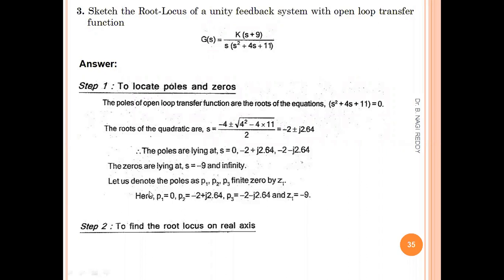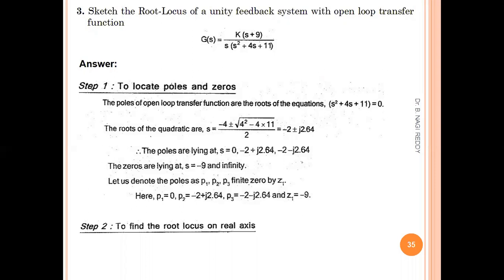So here we got 3 poles, namely p1 as 0, p2 as -2 + 2.64j, p3 as -2 - 2.64j. We have also got 1 zero, and that zero is -9.